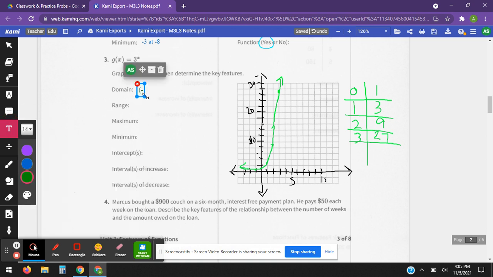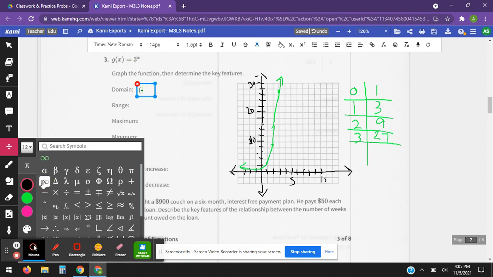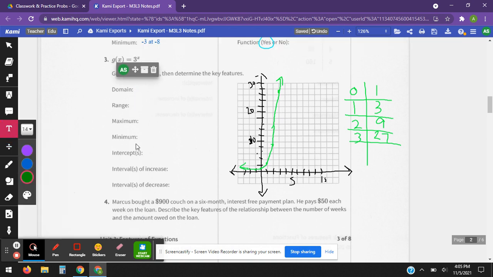Can't add an infinity symbol in here. I don't know why it's not letting me do that. I thought that's how that worked. All right, I guess we'll take that out and I'll just write it. So in this case, our domain is negative infinity, comma, infinity.